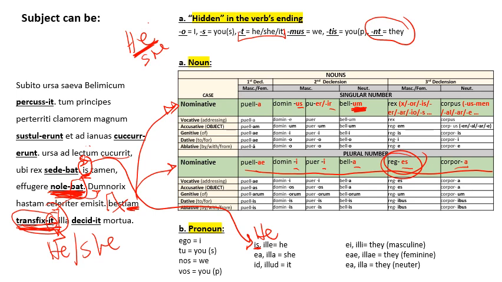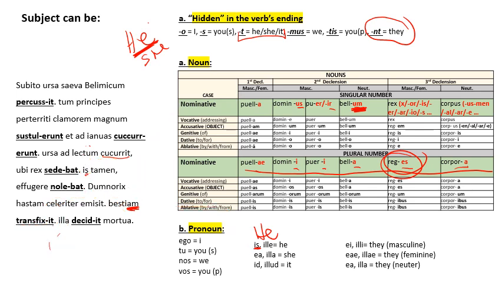Poor bear. And let's look at the last verb of this passage. Decidit. Now, this ends in T again, and I expect that T is he or she. Let's look at the sentence.